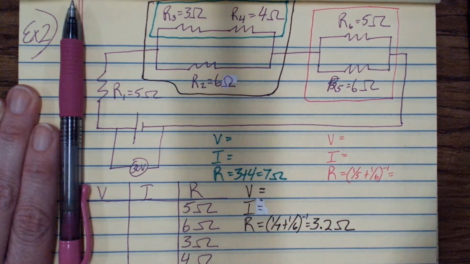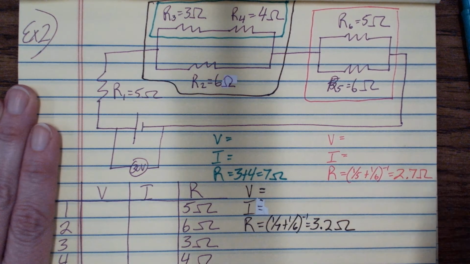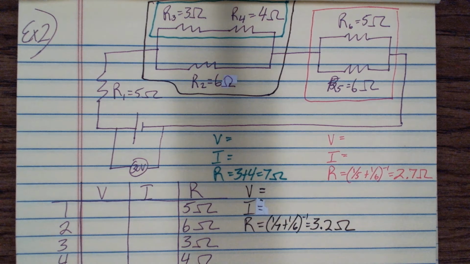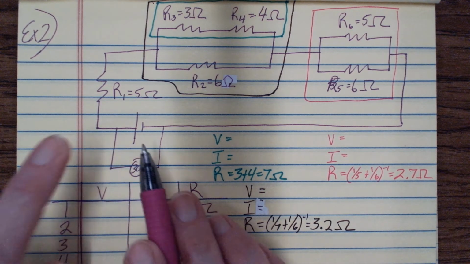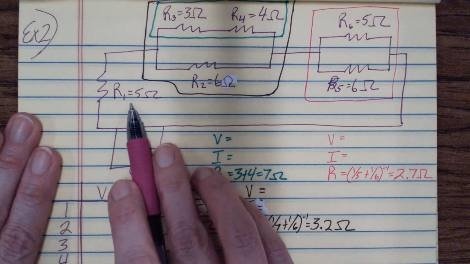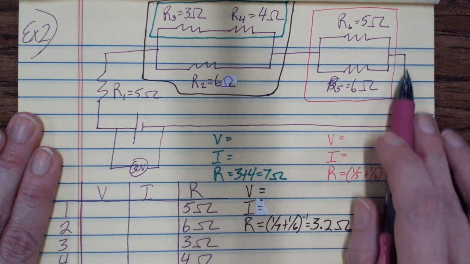So about 2.7. Okay, so now I can find our total on the battery because it's the sum of R1 plus the brown box plus the pink box.